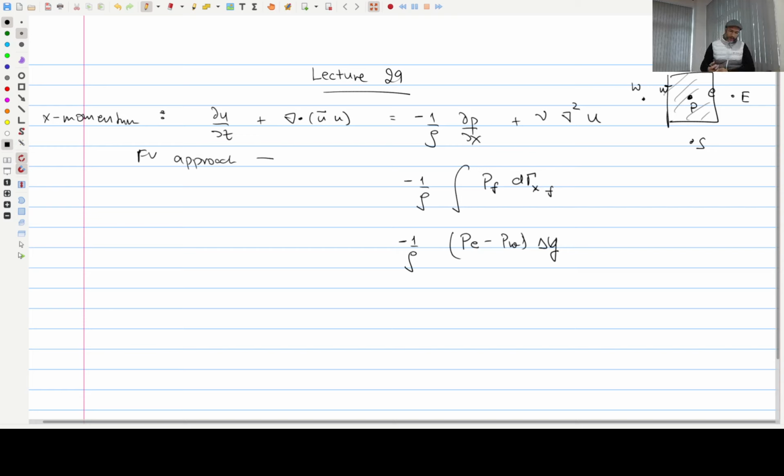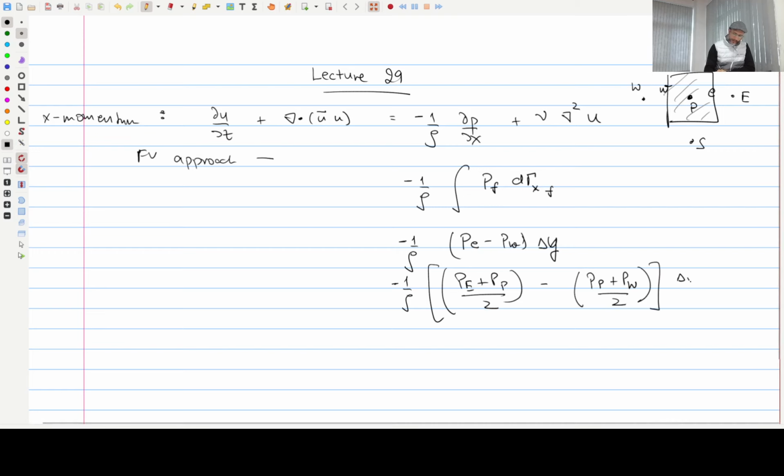Now we also did one more thing to discretize, that was to write the values of pressure on the faces in terms of pressure on the nodal values. So the next step was, pressure on the eastern face was written as pressure on the eastern node plus pressure on the P node divided by 2. And for the western face, we wrote pressure on the P node plus pressure on the western node divided by 2. So that was a linear interpolation that we did.